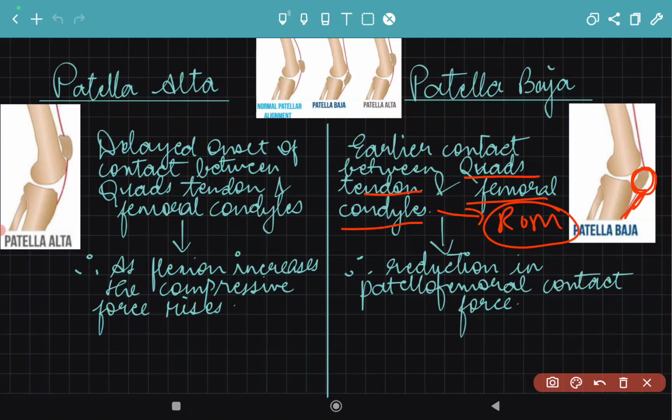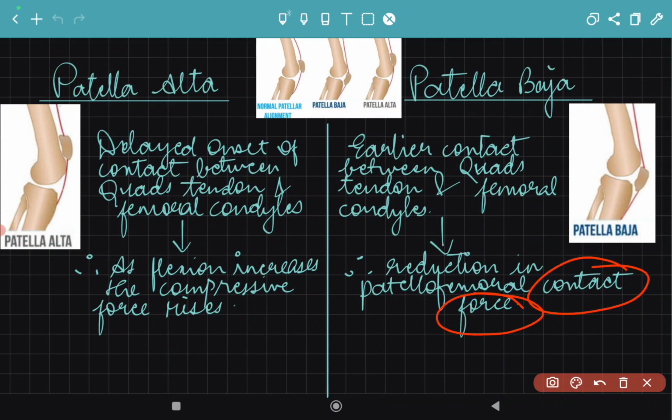And this will cause reduction in that contact area, that contact force, which was dissipating the compressive force, helping to reduce the compressive force on the patellofemoral joint. So here in patella baja, there will be earlier contact between the quadriceps tendon and femoral condyles in that specific range of motion of knee flexion, and hence reduction in patellofemoral contact force. So here also the contact force is reduced, which we want at that particular point to reduce or dissipate the compressive force on the patella. So this was again another clinical aspect added.